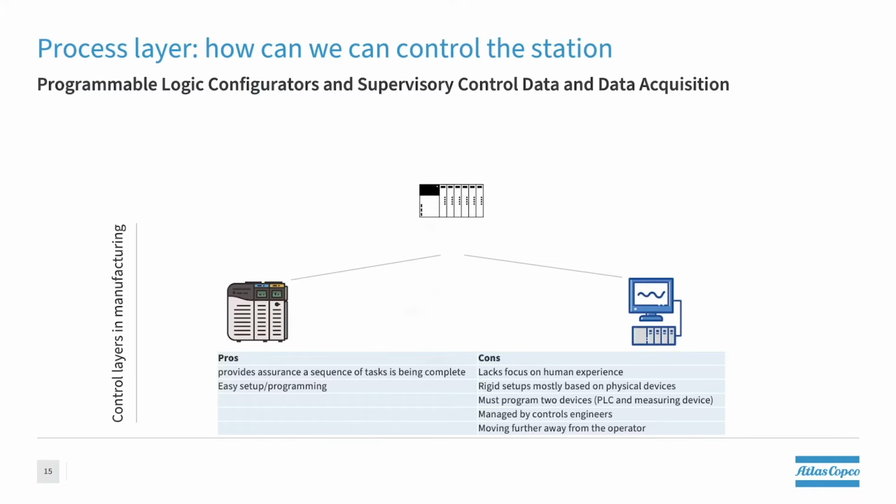But the cons are they lack a focus on the human experience. The setup is rigid because it's based on interfacing the physical devices. There's usually multiple layers of programming to consider, being the PLC itself, but also the measurement equipment it's speaking to. And they're managed by the controls engineers, who usually are not the experts in manufacturing.